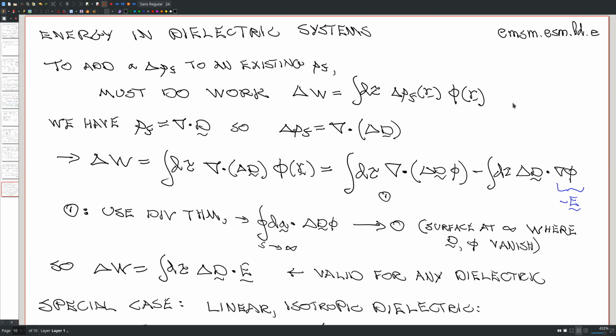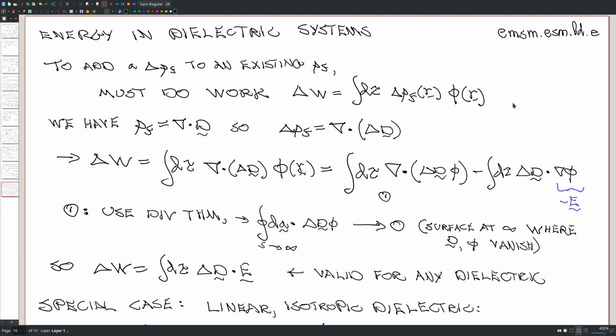However, now the question becomes how much energy is in there. Here you can again just engineer it from scratch: assume that I've already got a certain distribution of free charge rho f, and I now bring a little bit more in. How much energy do I add to that?